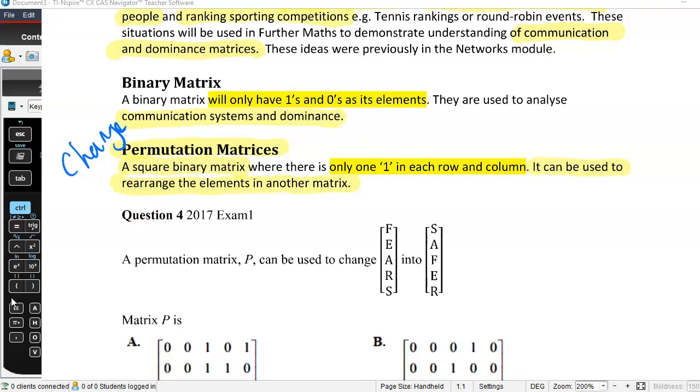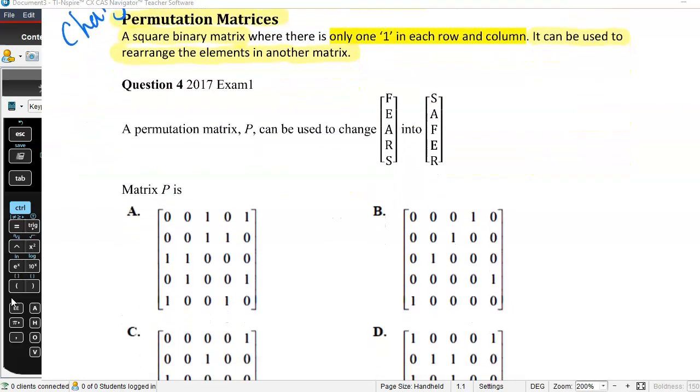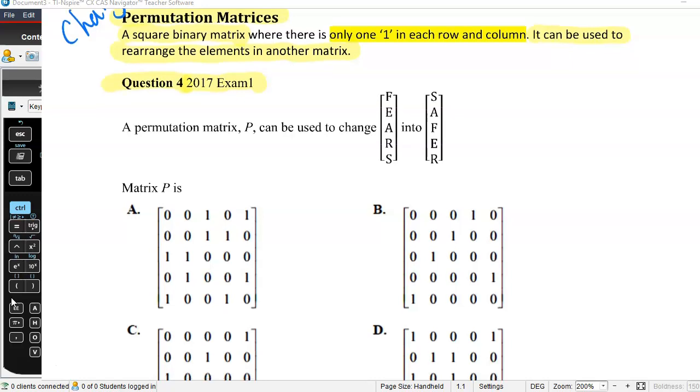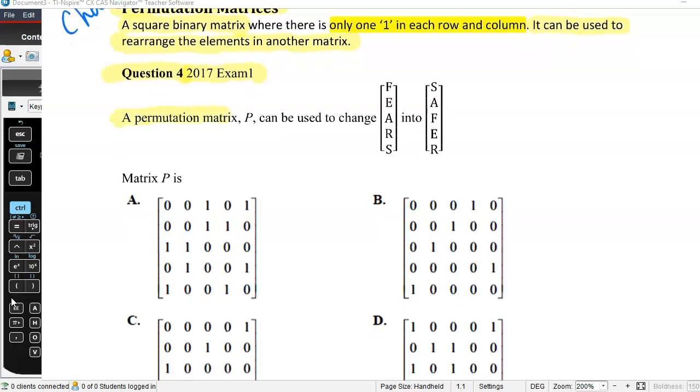So when you see a square matrix with only ones and zeros and only one 1 in each row and column, it's a permutation matrix. Let's look at an example from an exam to see it in action. This is from the 2017 exam 1, question 4, of about medium difficulty. A permutation matrix P can be used to change this matrix into here.